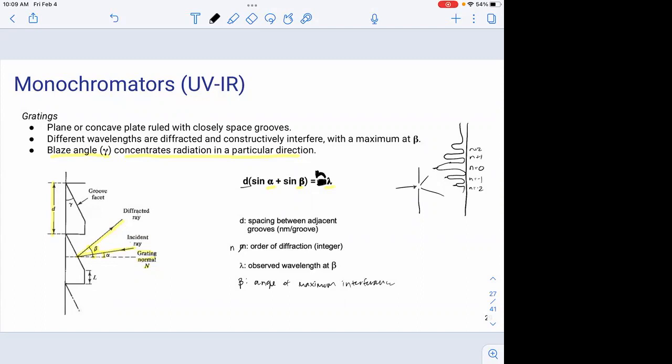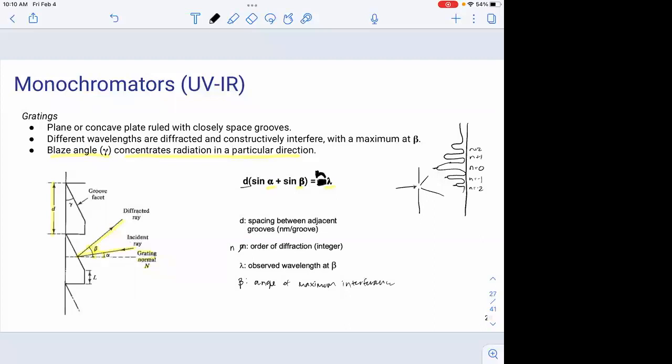What else do I need to say here? In order for multiple beams to interfere constructively, we have to have multiple path lengths vary by an order of n, by an order of interference with the bold n.